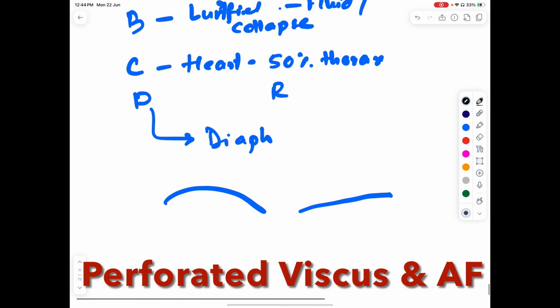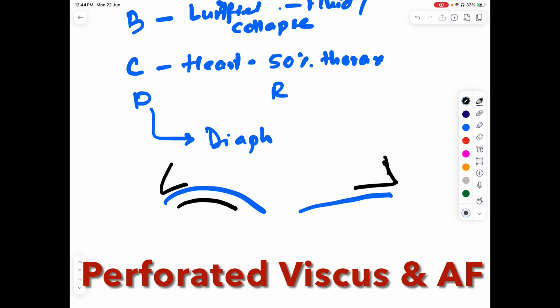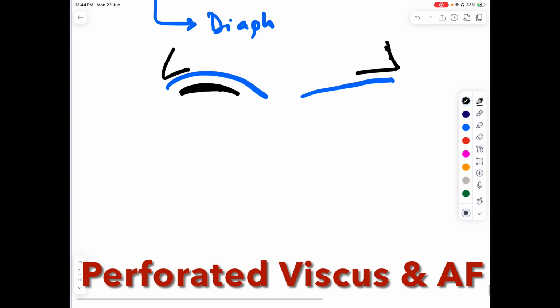Costophrenic blunting indicates effusion. Then air under the diaphragm is on the right side. If you see air under the diaphragm, that is indicative of viscus perforation. So that is important. Then if you find air under the diaphragm, what can be the differential diagnosis?